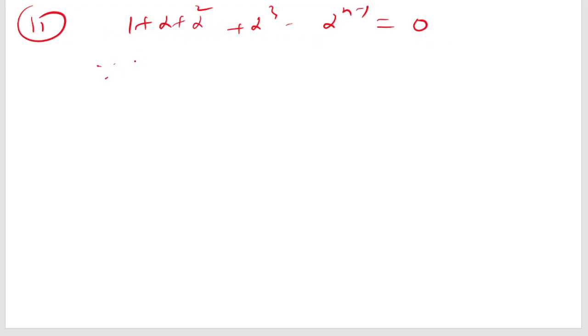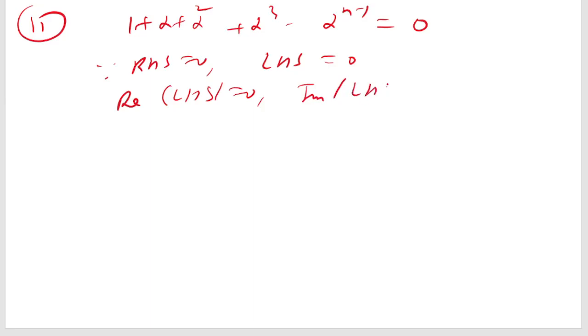Since the right hand side is 0, obviously the left hand side should also be 0. That means the real part of the left hand side will be 0, and the imaginary part of the left hand side should also be 0. Only if both the real and imaginary parts are 0 can we say the left hand side is 0.